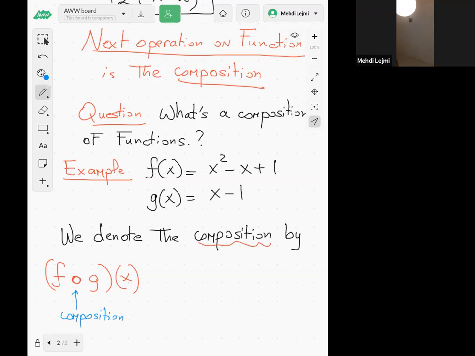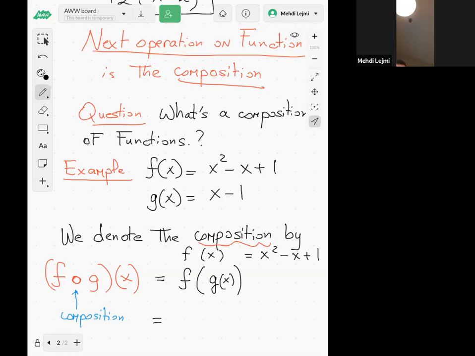Now, what's this composition of functions? Well, this is equal to f of g of x. Okay. So how do we compute this f of g of x? What's f of x? F of x is x squared minus x plus 1, right?